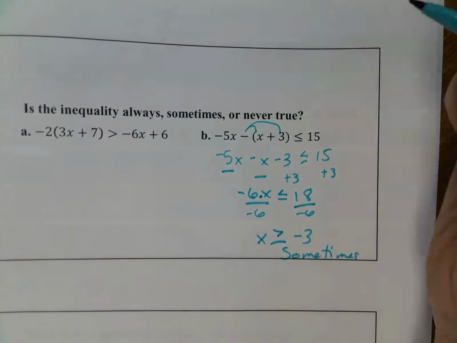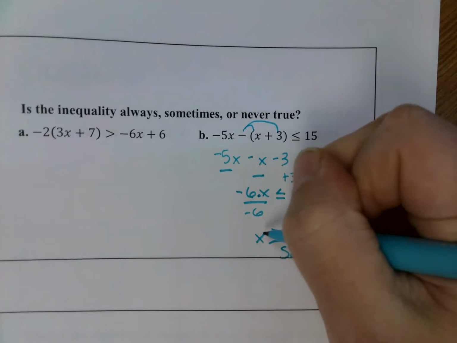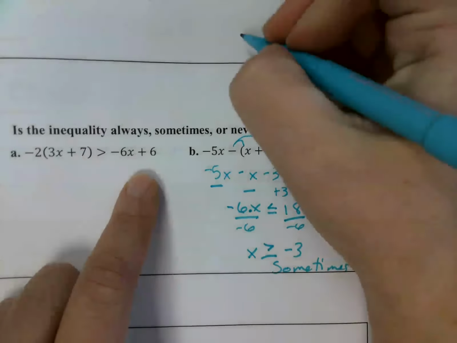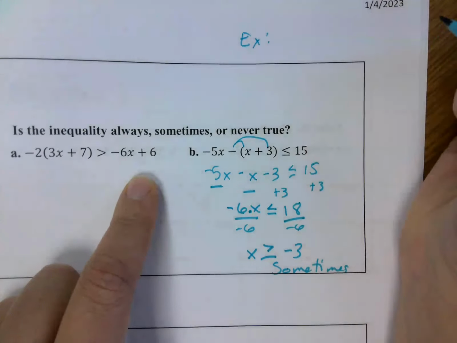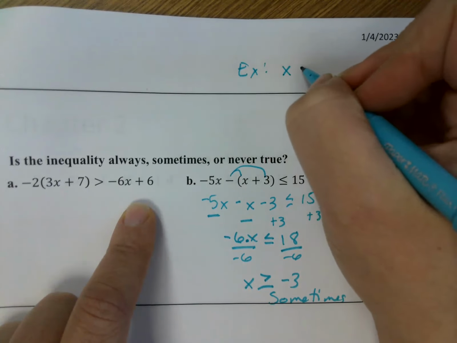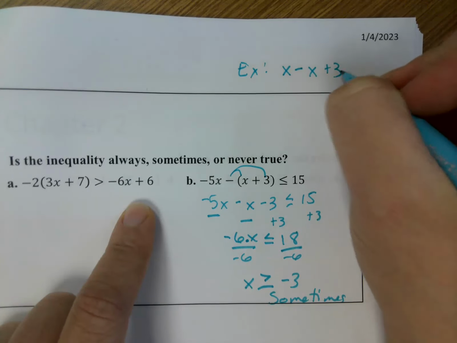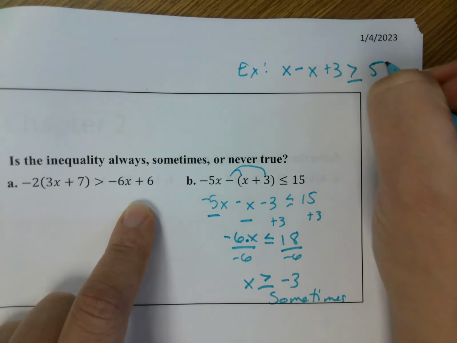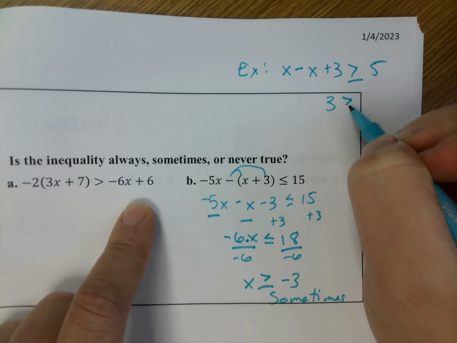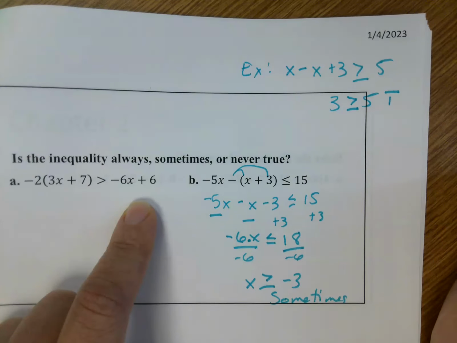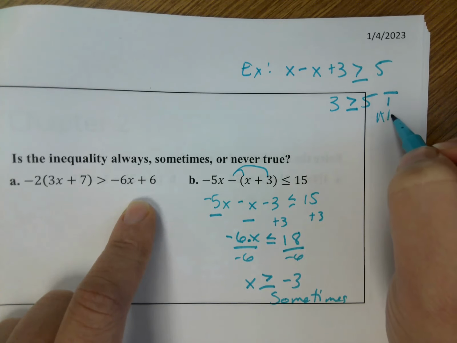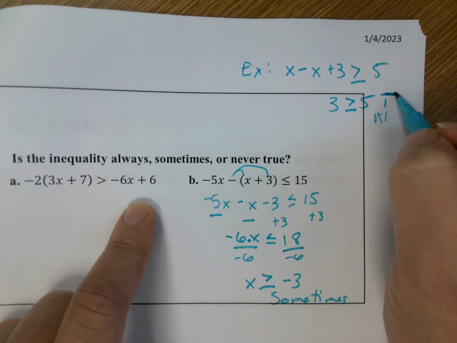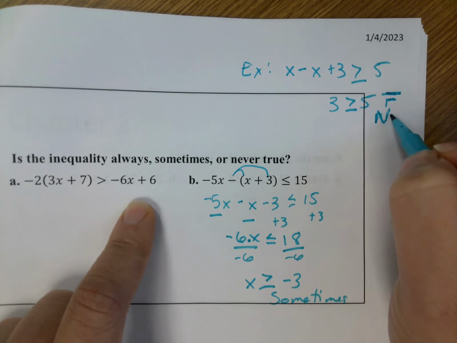So again, if for some reason I solve this and my x value completely canceled, let's give an example. If I had x minus x plus 3 is greater than or equal to 5, I would be left with 3 is greater or equal to 5. That's false. 3 is not greater than 5, so that would be never.